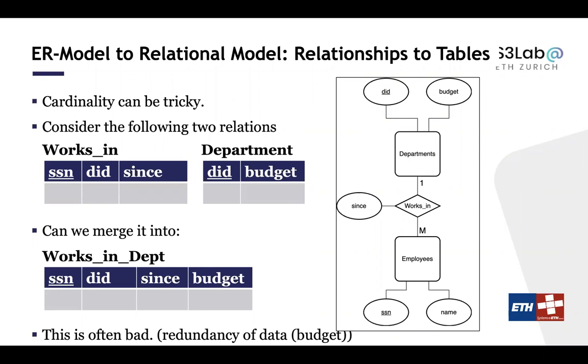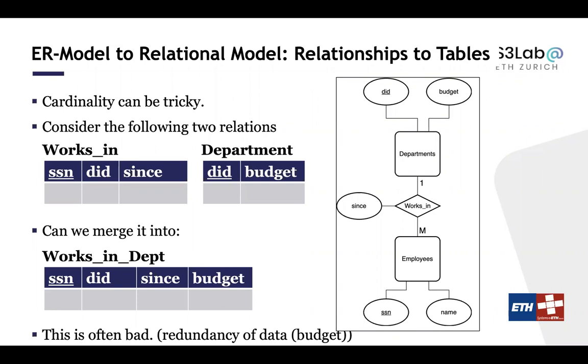When you join them, you end up with so many redundancies in the relation because every single time you put in a department ID here, you need to duplicate the relationship between the department ID and the budget. In many real world applications, merging these two relations is not always beneficial.